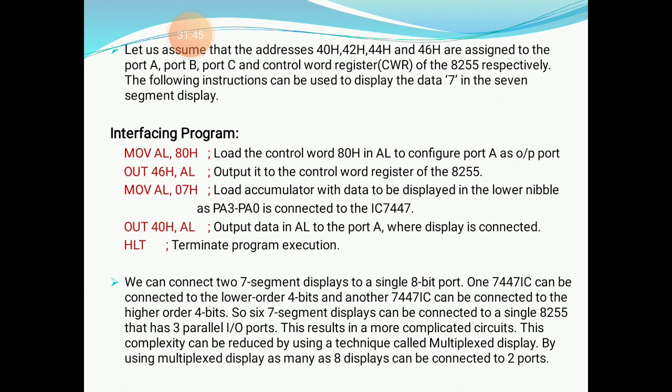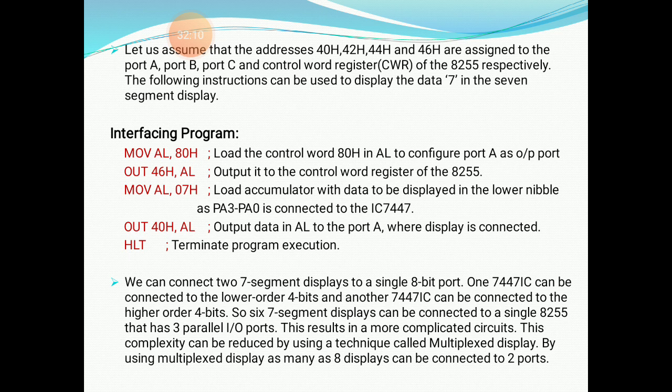The IC 7447 converts the BCD number into a 7-bit segment pattern and gives it to the 7-segment display device. This 7-segment display device will display the BCD number, that is 7. Now stop the execution by using the halt instruction, that is HLT, to terminate the program execution.